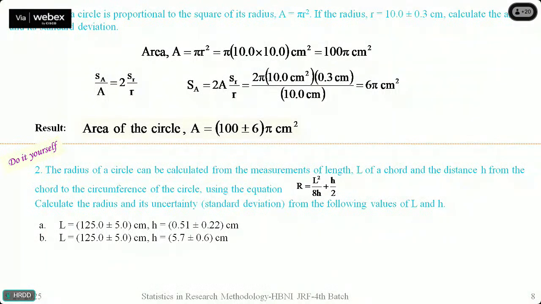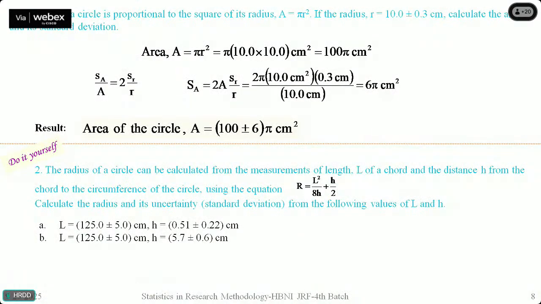The absolute uncertainty will be this times L square, sorry. This will be the answer. Now the second step is, this is my numerator divided by 8H. 8 is a constant. H has got some uncertainty, 0.5 plus or minus 0.1.